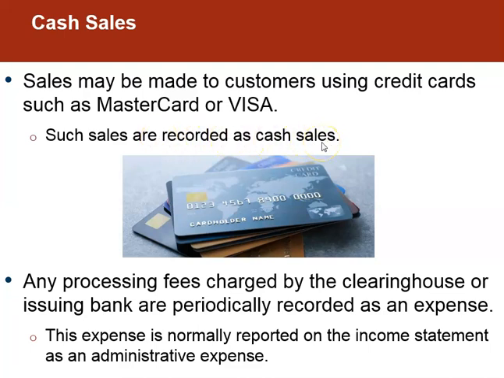Now, the only reason I'm bringing this up is because I want you to understand something. Let's just use our example of the $1,800. It said cash, we're crediting cash for $1,800. I'm sorry, we're debiting cash for $1,800 when we sold the stuff.